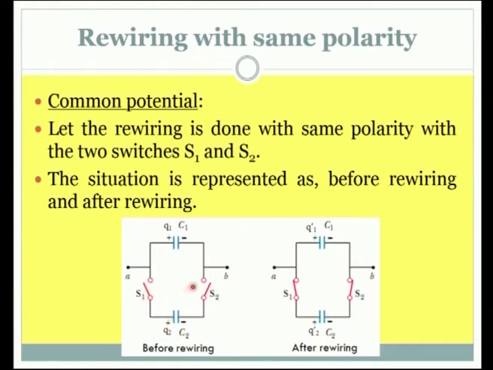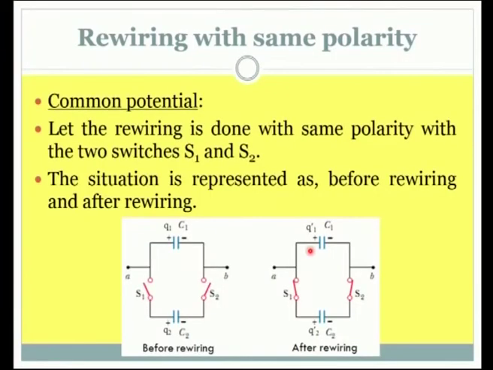When we close the switches, what is likely to happen? From one, the charge would go to the other. We do not know whether Q1 has given charge to Q2 or Q2 has given charge to Q1, but one thing is for sure: when the rewiring is done, the total charge remains constant. The charge will not change. The Q1 and Q2 individually will not get cancelled, because it is the same polarity connection.